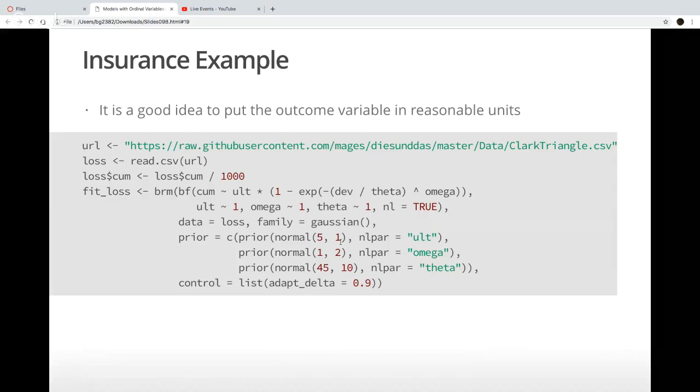But by putting things in more sensible units, it's easier for Stan to draw from that posterior distribution.